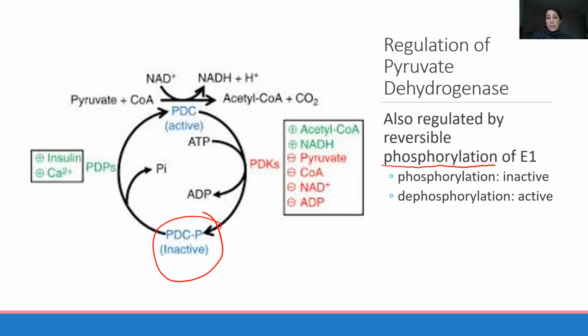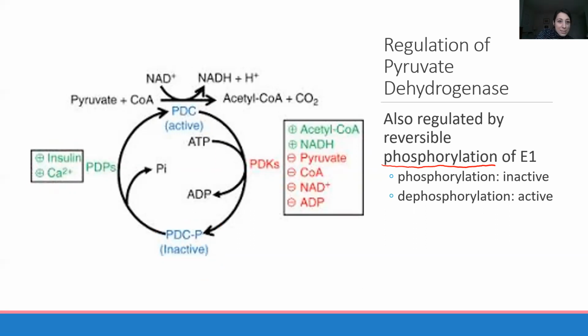You add a phosphate, turns it off. You take that phosphate away, turns it on. So whatever state it is in will help it become active or inactive. This taking off or putting on a phosphate actually has to be controlled by other enzymes. So there's a little bit of a bigger picture going on here.